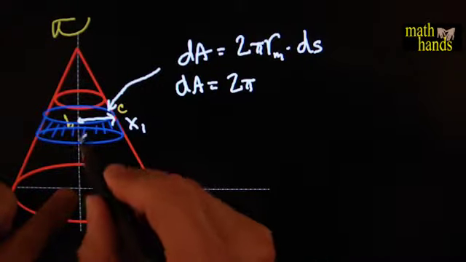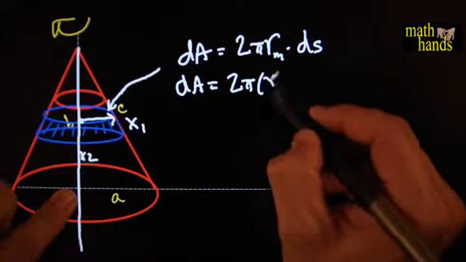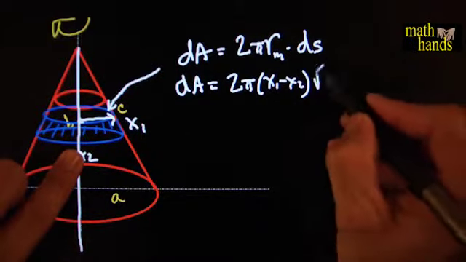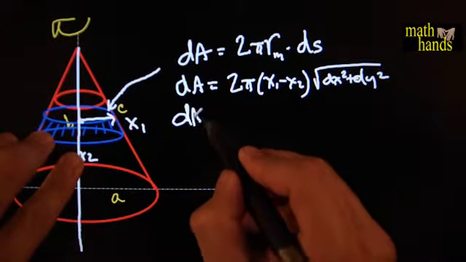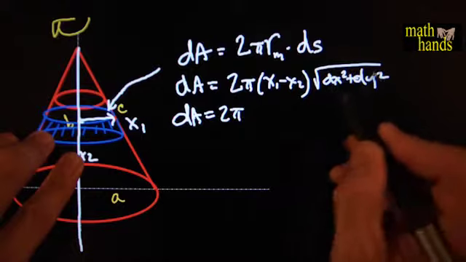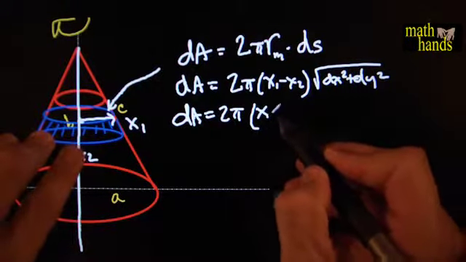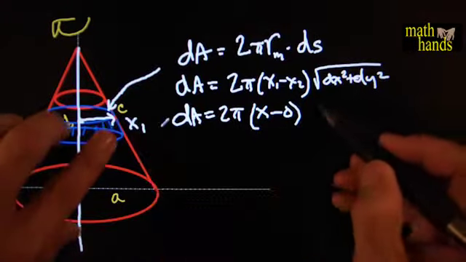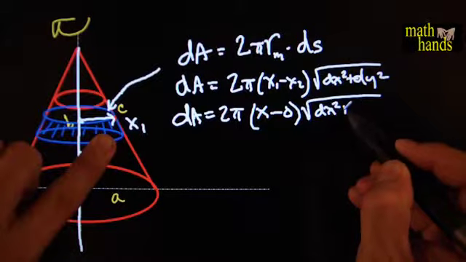I'll call this x2. So it's x1 minus x2. My ds would be the square root of dx squared plus dy squared. I would make a decision here whether I'm going to go with x's or y's. I'm going to go with x's. So I keep that x, I exchange that one because it's a constant. I keep these ones, and I want to exchange the y's.